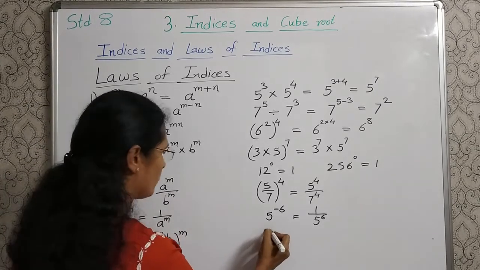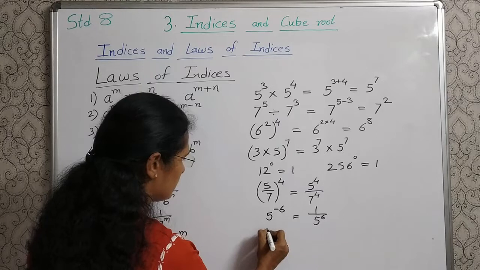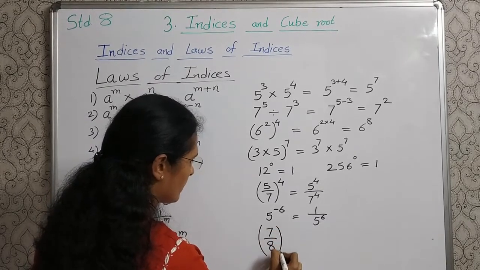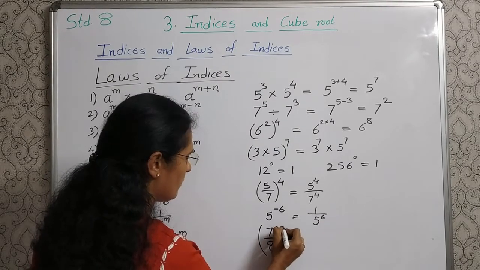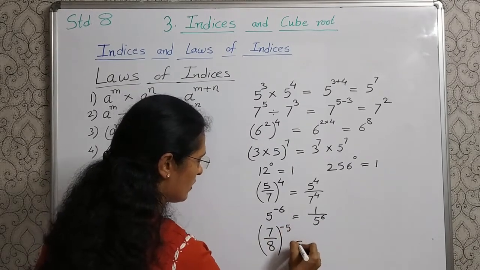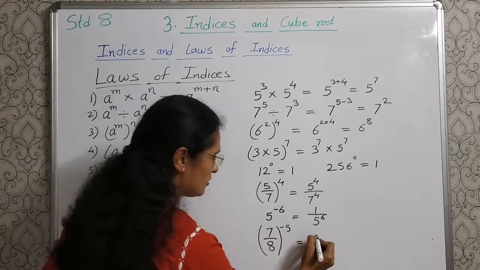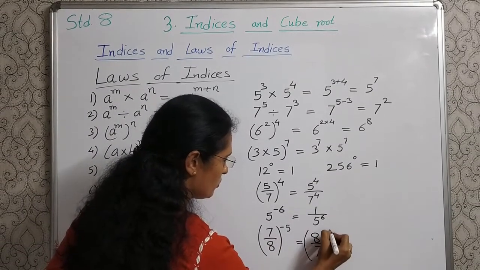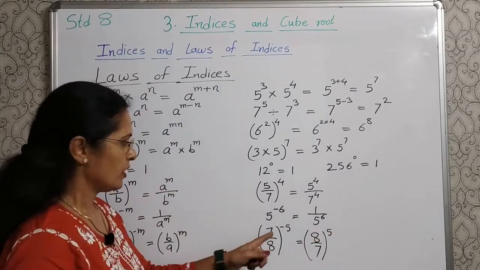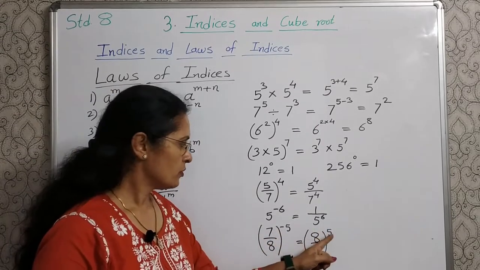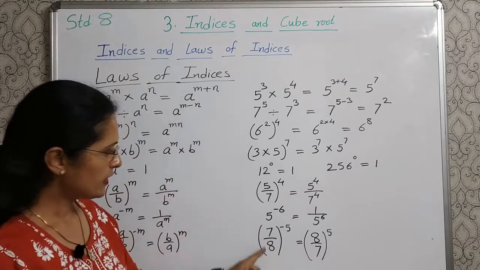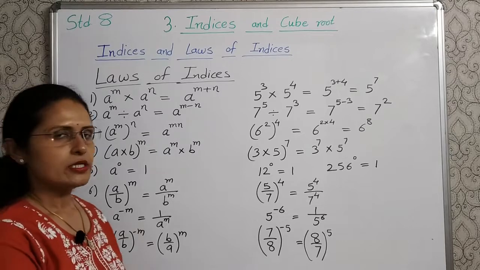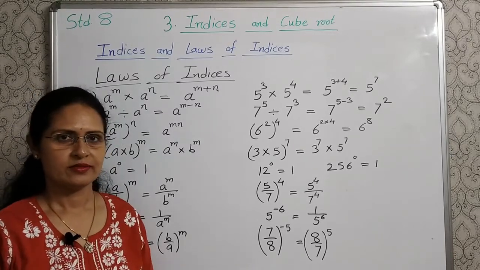We'll take one example like 7 by 8 raised to minus 5. Now we can write 8 by 7, so reciprocal of this, raised to positive 5. So this negative 5 will become positive 5 when we write reciprocal of this. So this is about indices and laws of indices.